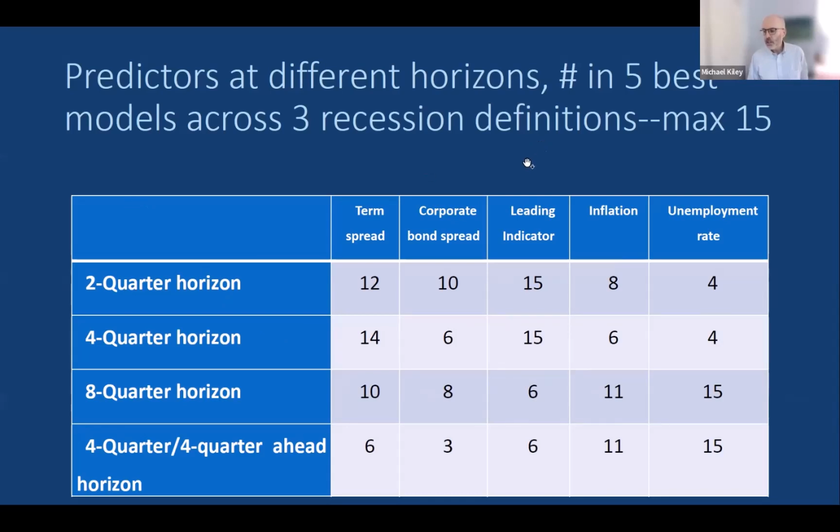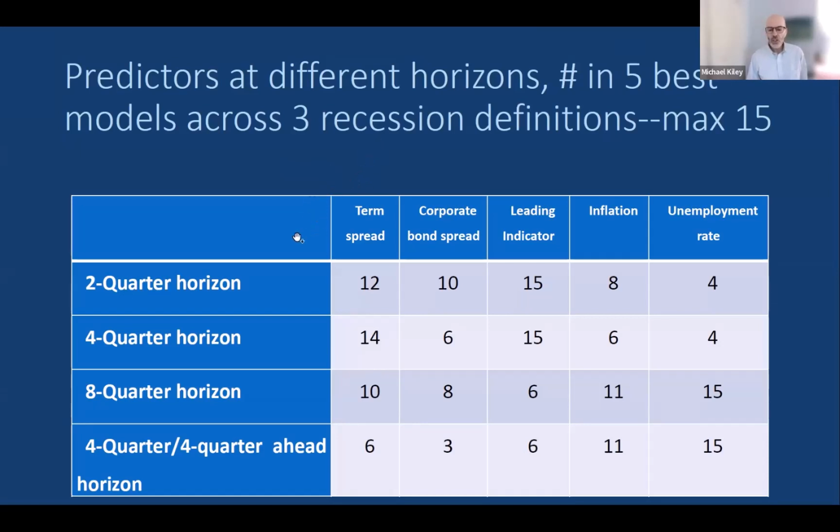And what I report is the frequency with which an indicator is in one of the 5 best fitting models at that horizon across the 3 recession definitions. And so a value of 15 in this table means that that indicator appears in every instance of the best fitting model at that horizon. Conversely, a 0 would mean that it's never among the best fitting models for that horizon.